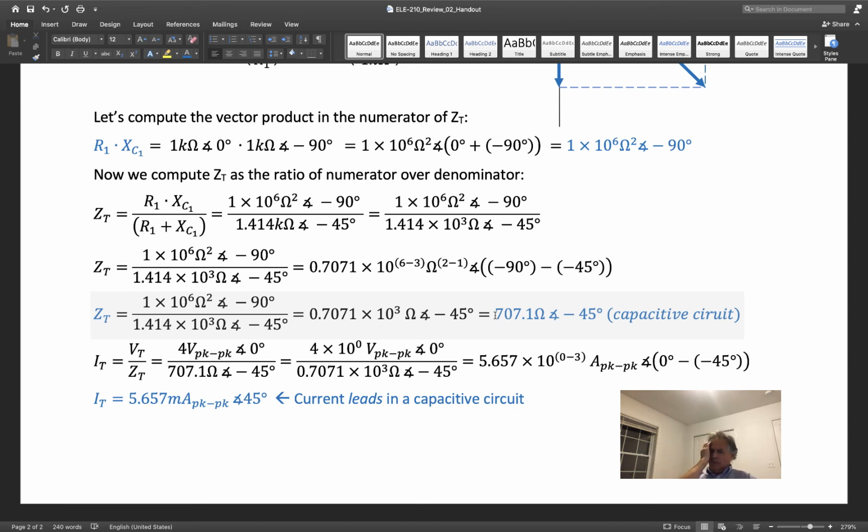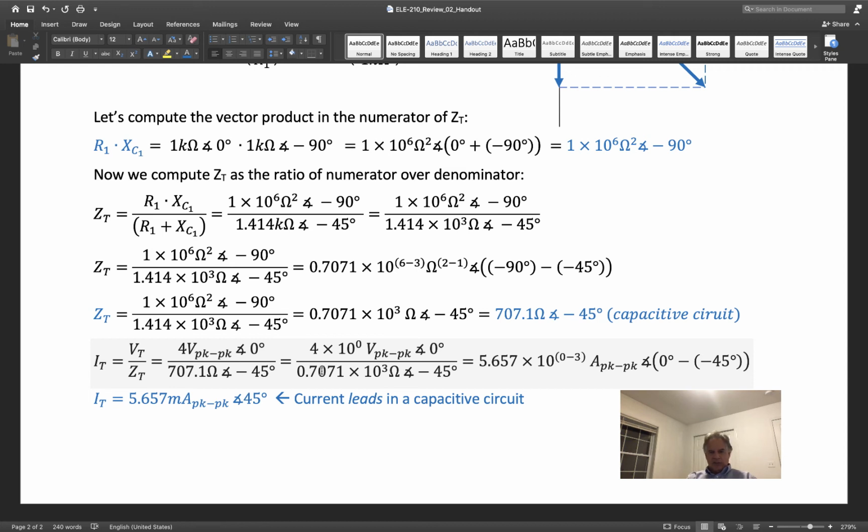Now we can find our total current by taking our total voltage, 4 volts peak to peak at an angle of 0, because our source is always at 0, and divide it by 707.1 ohms at minus 45 degrees.